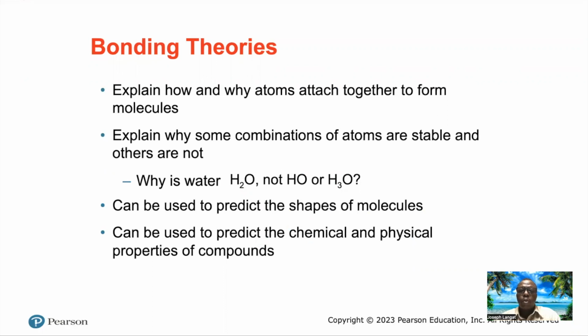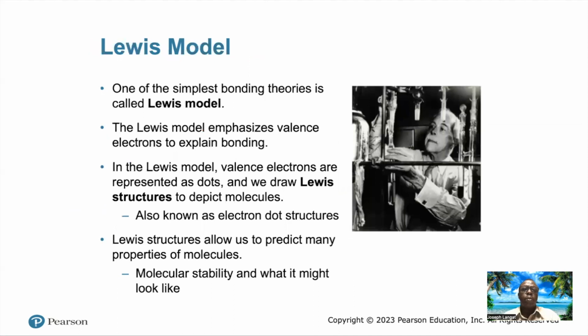For example, why water is stable and not hydronium. We can predict from bonding theories the shapes of the molecules. This is what we look at in chemical bonding 2. We can also use bonding theories to predict the chemical as well as physical properties of compounds.